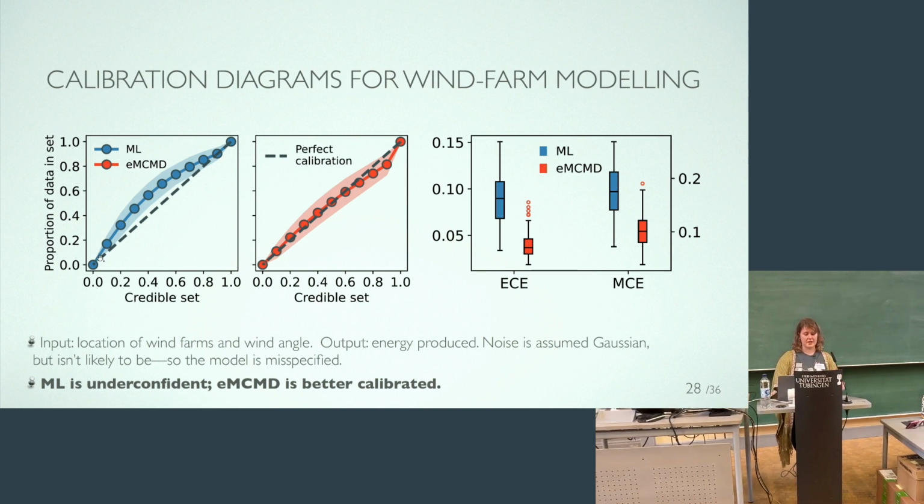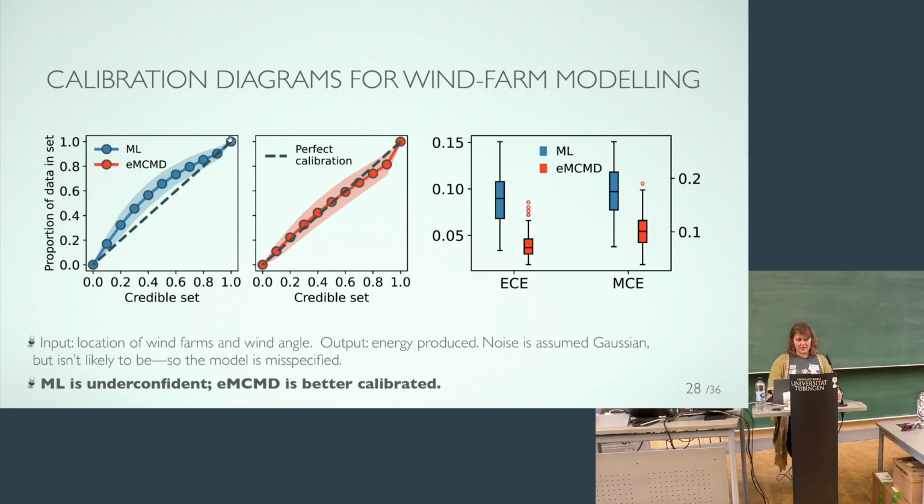A perfectly calibrated model would be exactly y equals x. So the model said 60% and the reality is 60%. Being above the curve is underconfidence: the model said only 60%, but in reality it's 80%. And under the curve is overconfidence.